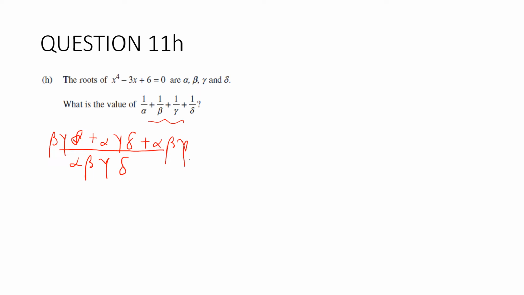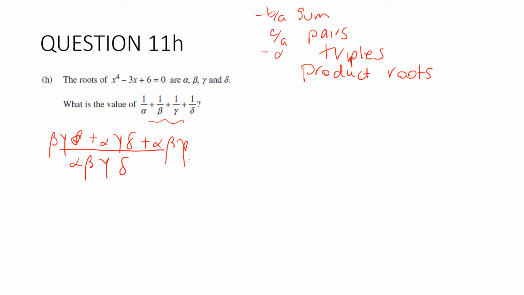Plus alpha, gamma, delta, plus alpha, beta, gamma. So we want the product of the roots, and we want the triples, the sum of the triples. So remember, we're going to have the sum of the roots, then the sum of the pairs, then the triples, and the product. So this one is minus b on a, c on a, minus d on a, e on a.